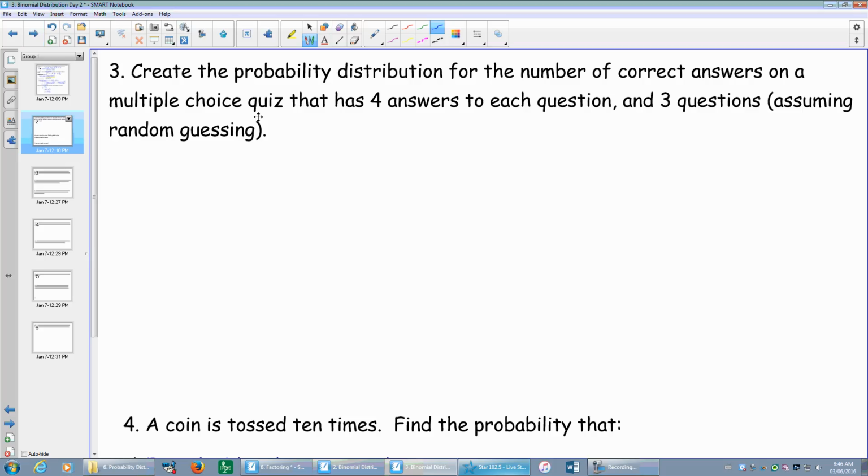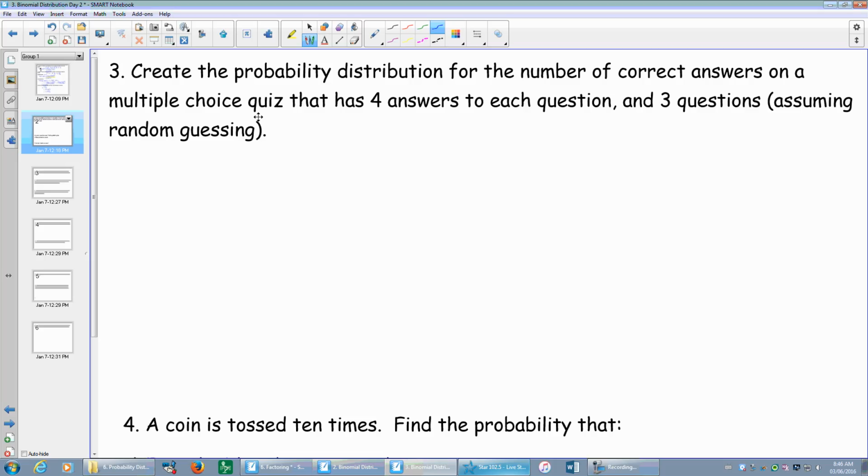Okay, it says here, create a probability distribution for the number of correct answers on a multiple choice quiz that has 4 answers to each question and 3 questions, assuming random guessing. Okay, so probability distribution, we know how to do. We're going to set that up in our chart.